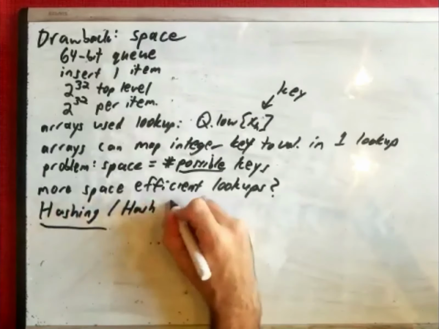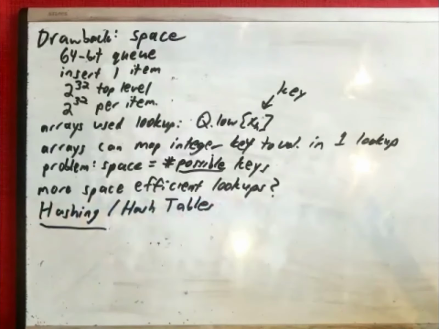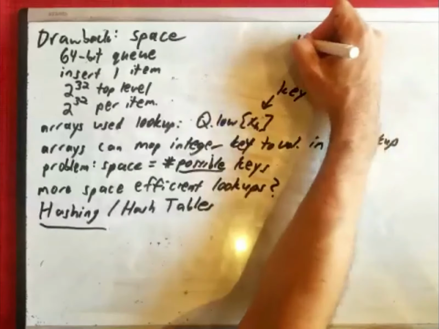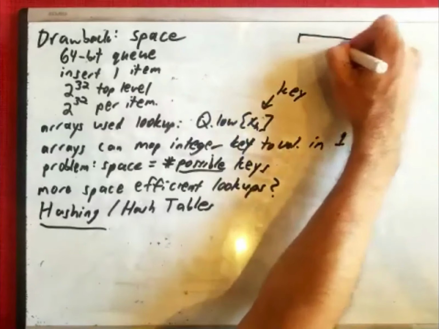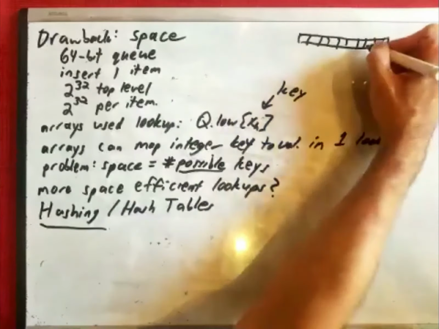Excuse me, can I ask a question? Yes, absolutely. Could you re-explain the memory part? Yes. So remember that the Van Emde Boas priority queue at the top level uses an array of pointers to second level priority queues.